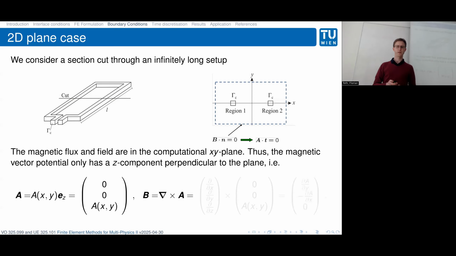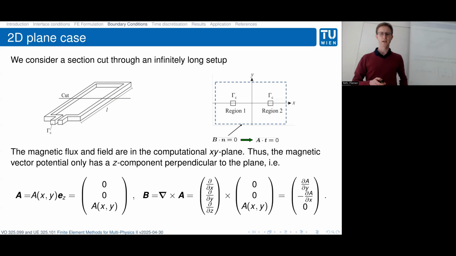So we only have the Z component, and that enforces our field, as the curl of this magnetic vector potential, having only X and Y components. So it stays in the considered plane.